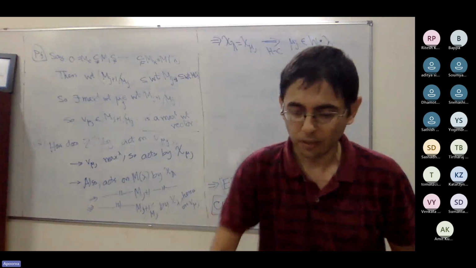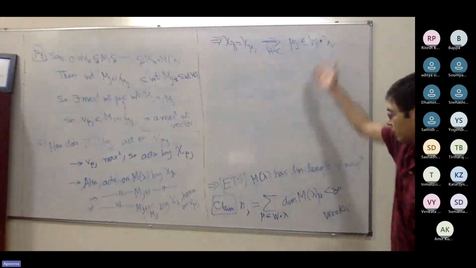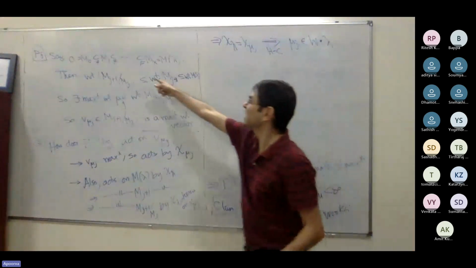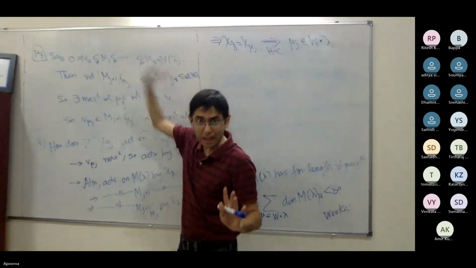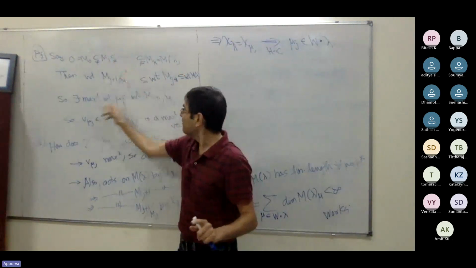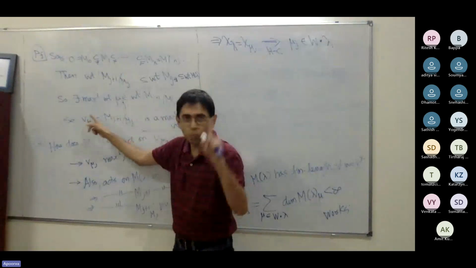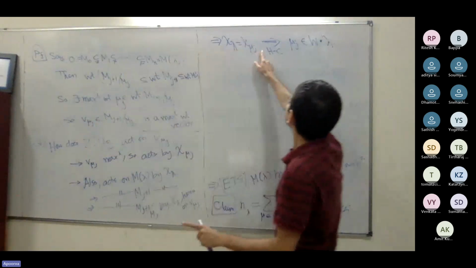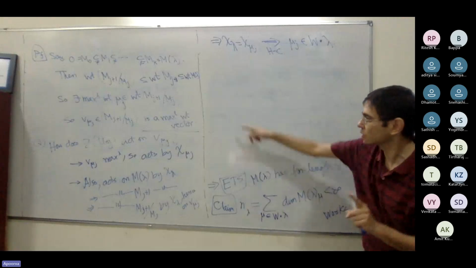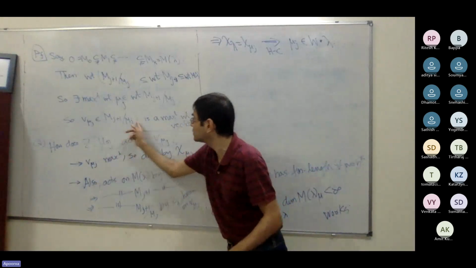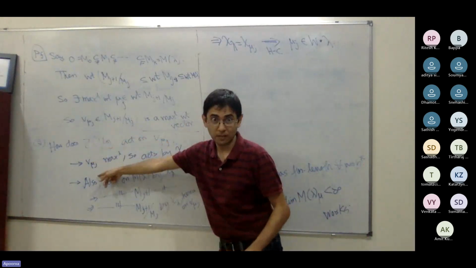But what this says is the following. You take any chain of submodules for M lambda. I'm not saying the quotients are highest weight. Any chain. Every single subquotient contains at least one dimension from a weight inside this summation. At least one dimension is contributed by this vector. It is not in M_j, it is in M_{j+1}.